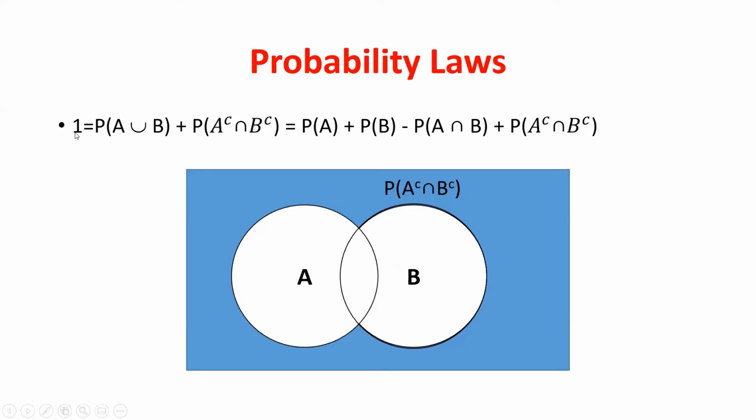So if I add the probability of the union, that's the white area, to the blue area, or the intersection of the complements, these two things have to add up to 1. From there, I know that I can rewrite the probability of the union as the probability of the two events minus their intersection.